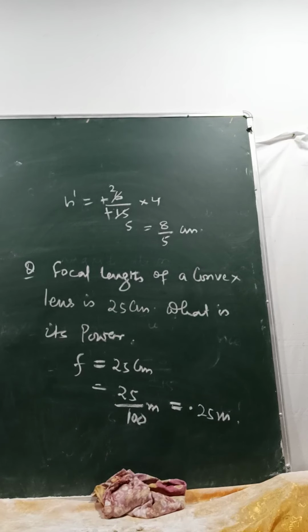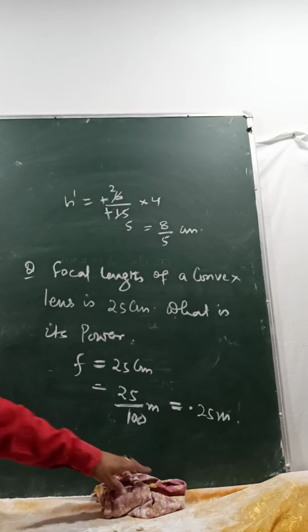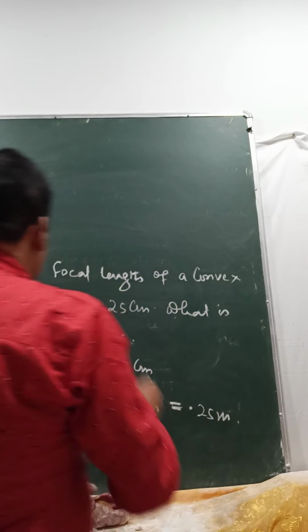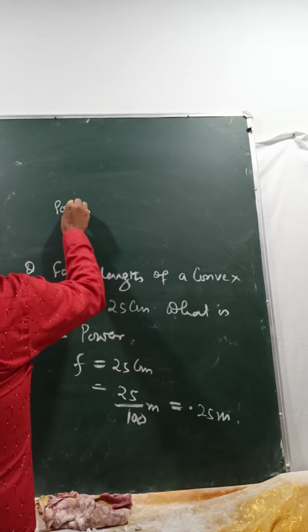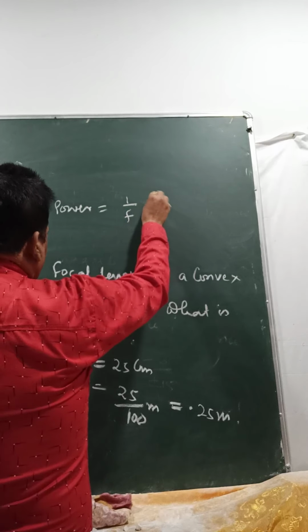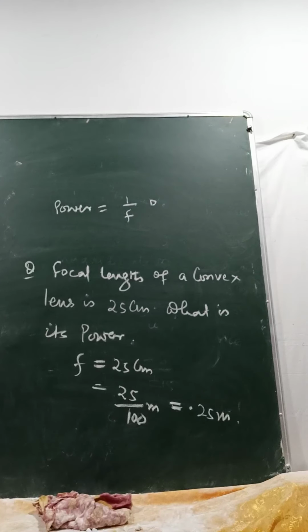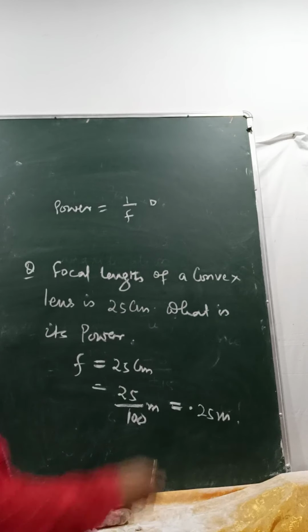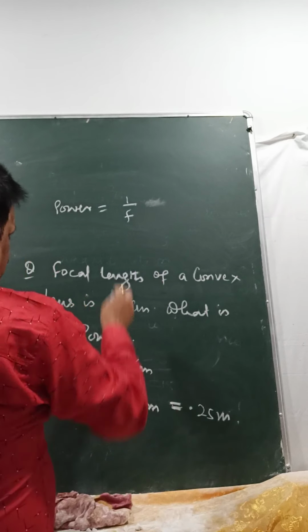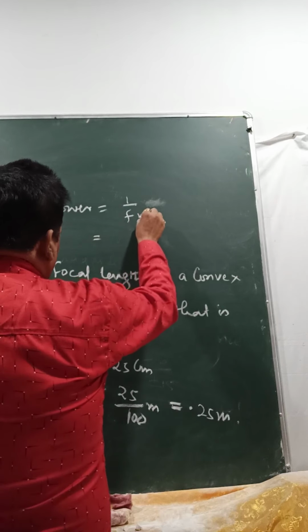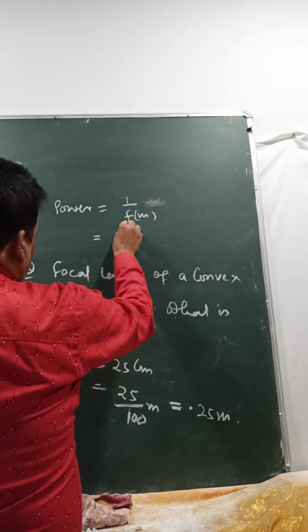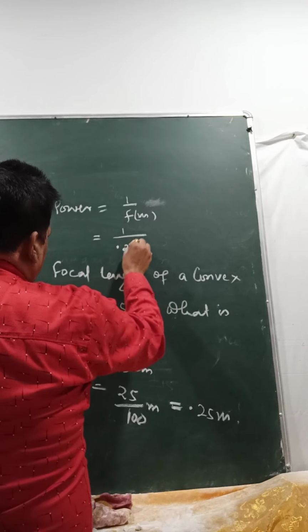So power equals 1 by f in meter, so that will be 1 by 0.25.